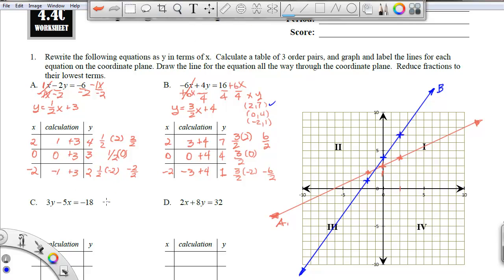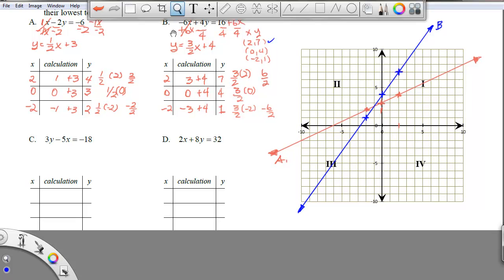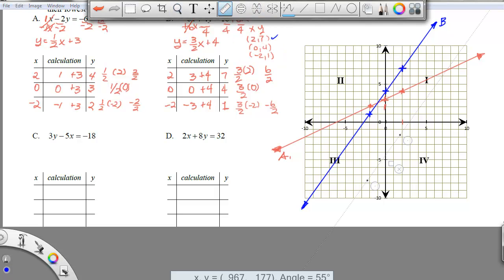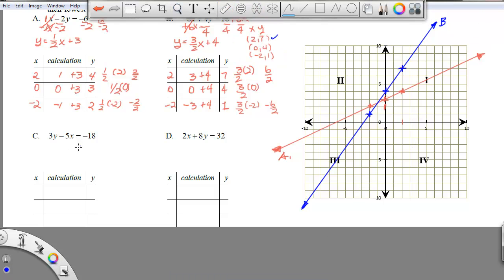Now let's go ahead and we'll go down to C. So let me move this down or move it up. That should be good there. So 3y minus 5x equals a negative 18. So let's add 5x to each side.